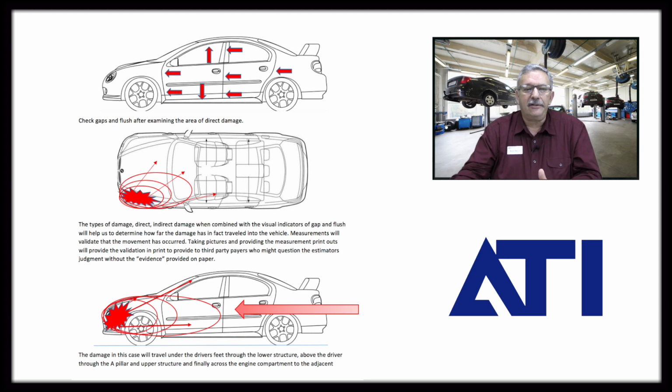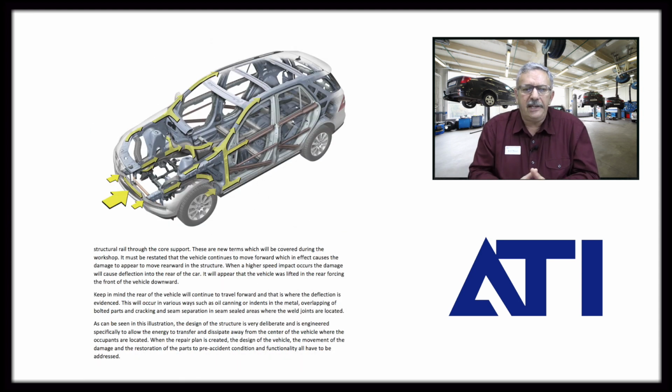But the next illustration that I'm showing you here is looking at an SUV, and this is a great illustration to show how the crash pulse occurs and what you have to look for. In this illustration, the vehicle gets impacted in the front, and I've got equal distribution of the damage to both frame rails.